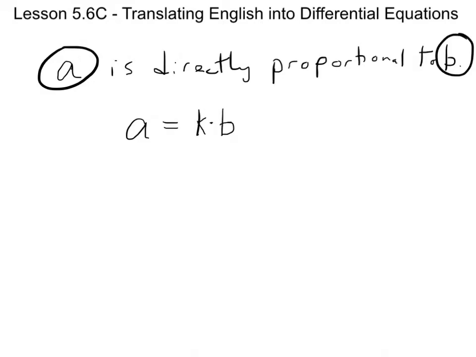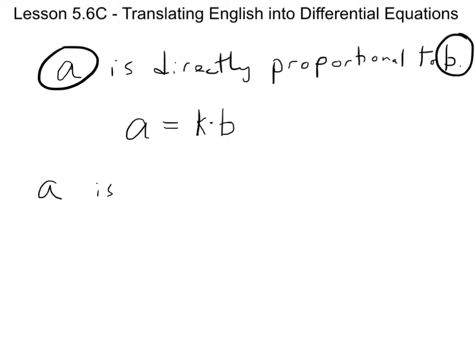Now that proportionality constant might be 2. If it was 2, it would mean that A is always twice as big as B. If K was 3, it means that A is always 3 times as big as B. If K was a half, it means that A is half as big as B. Directly proportional just means that one of them is some constant times the other one, right?